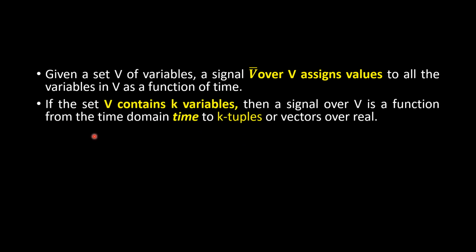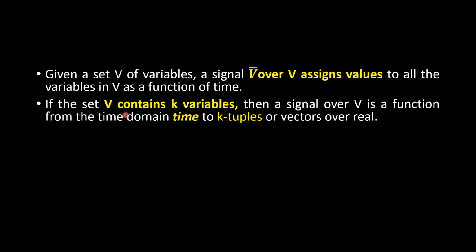For example, if the set V contains k number of variables, then a signal over V is a function from the time domain to the k-tuple or vectors. So this mapping we have to do from the time domain to some other value, and that too should be real values.